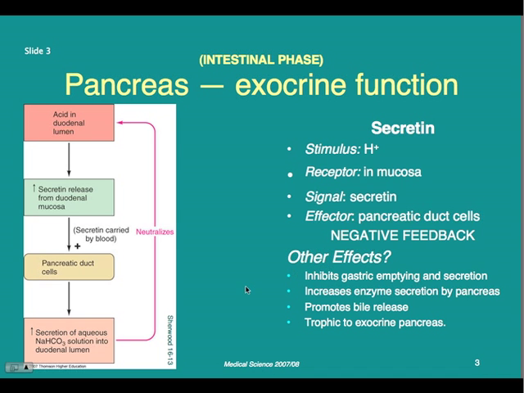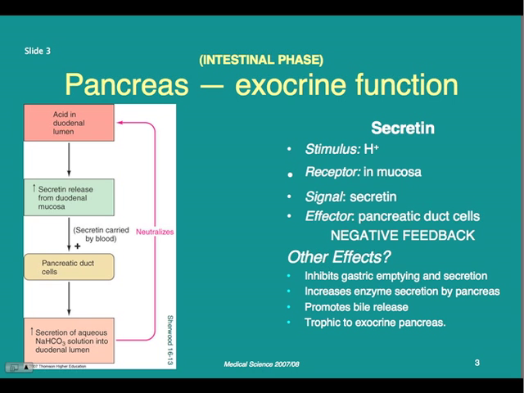You release bicarbonate from the pancreas. Inhibit gastric emptying. That will reduce the inflow of acid to the duodenum. So that makes logical sense. Increase enzyme secretion by the pancreas, because that will speed up digestion, presumably. And what you might not assume in the first instance, you promote bile release, because bile is also alkaline.